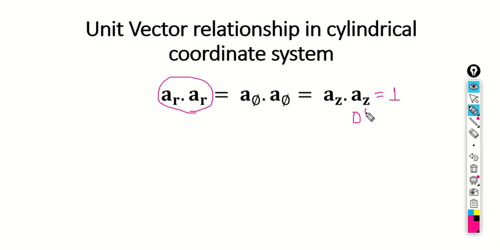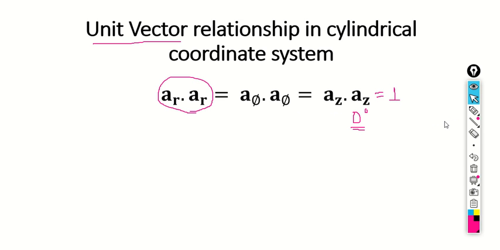The dot product formula is the magnitude of the first vector, times the magnitude of the second vector, times cos of the angle. If the angle is 0, cos 0 is always equal to 1. And as it is a unit vector, its magnitude is equal to 1. So I get 1. That is, the dot product of two coinciding vectors is always equal to 1.